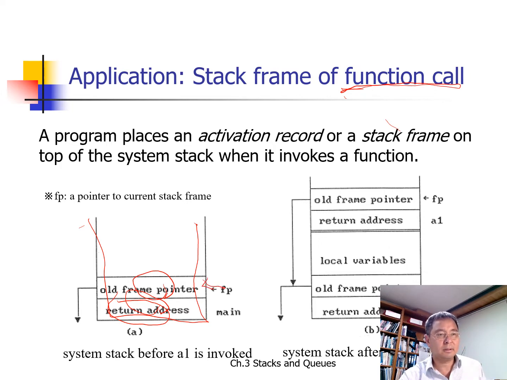If another function is called, its return address and frame pointer are again stored in the stack. If a function is finished, its data is deleted and the function returns.